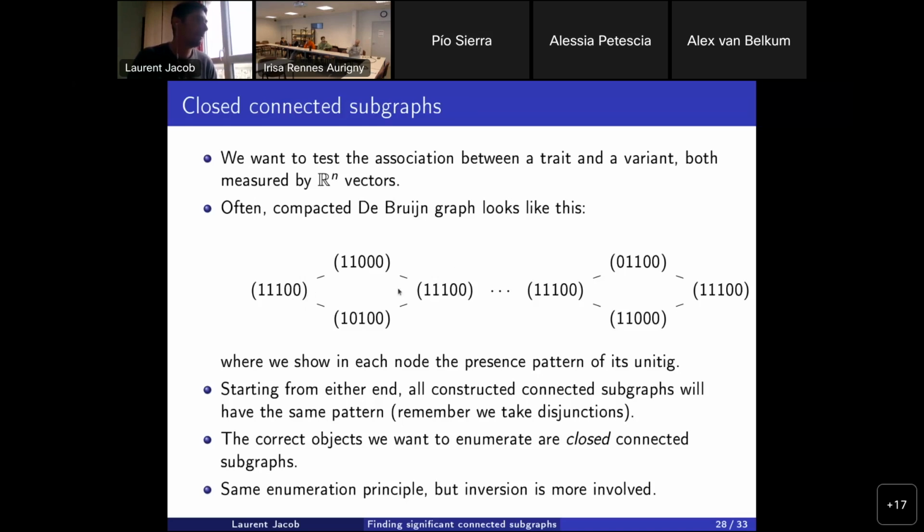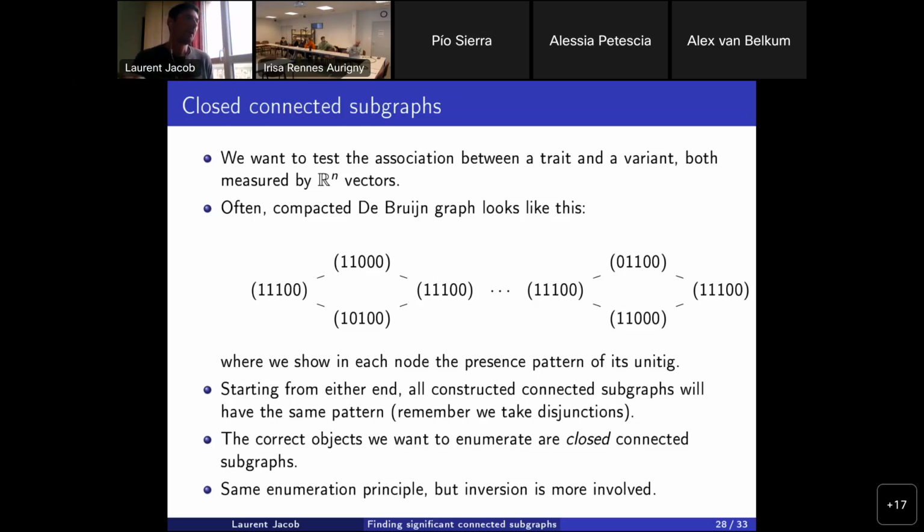This junction by adding this one is the same, etc., etc. Okay, so it will be the first 3. So this means that by doing this exploration of the connected subgraphs, I'm going to redo the same tests a lot of times in lots of cases. So the correct objects that we want to enumerate are not the connected subgraphs, they are the closed connected subgraphs, which are the subgraphs whose presence pattern doesn't change if I add any of the neighbors.